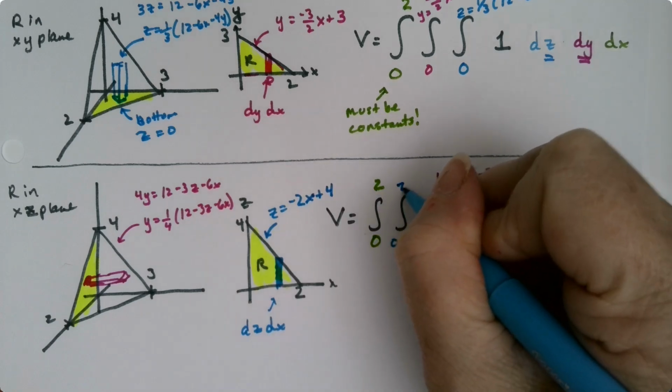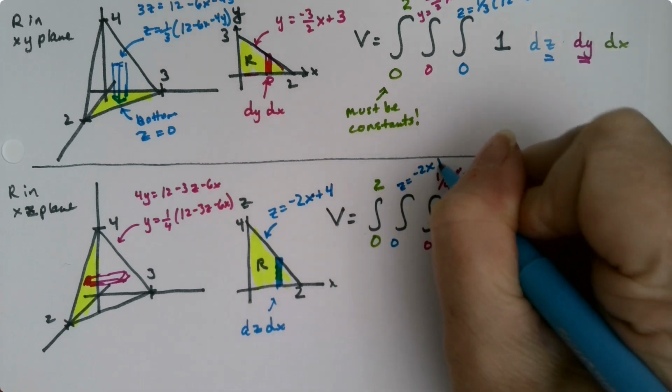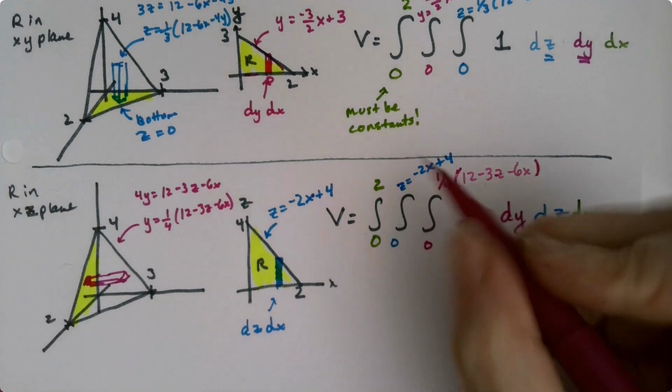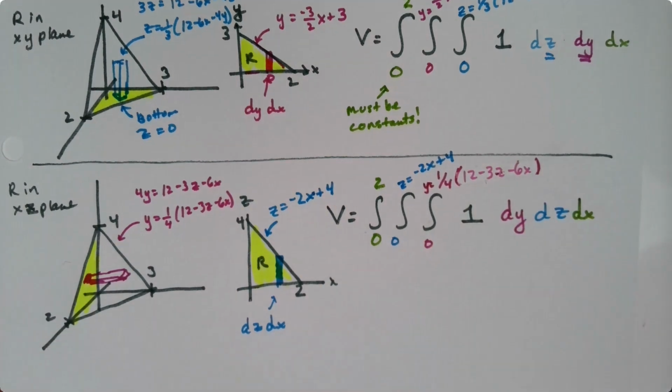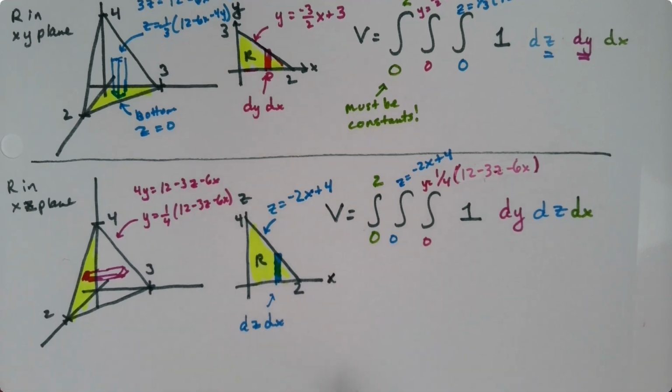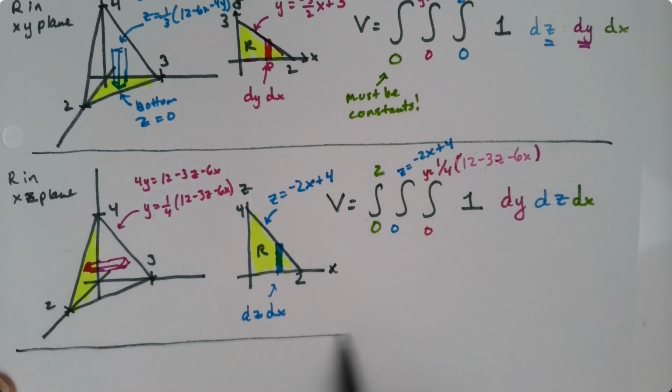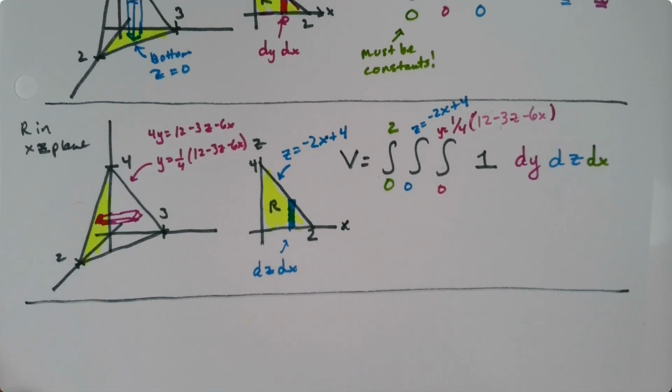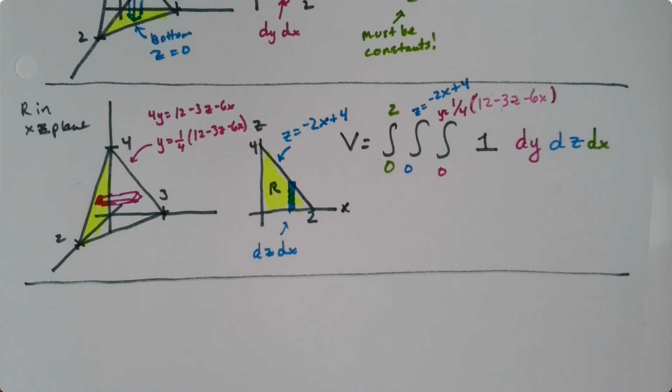So this is z equals negative 2x plus 4. And remember, this was a y equals for this one. All right, that's another one done. All of these will work. They will all find the exact same area, right? It means same volume. So it's just kind of whichever way you want to orient it will work.